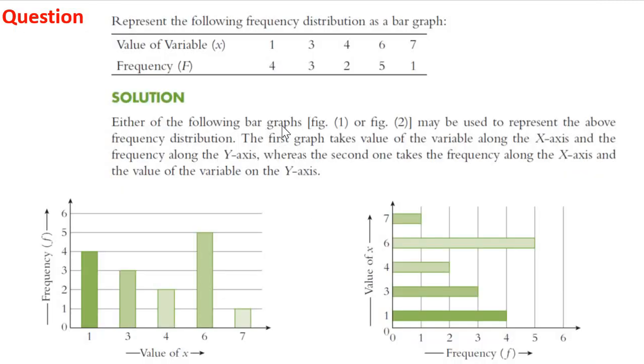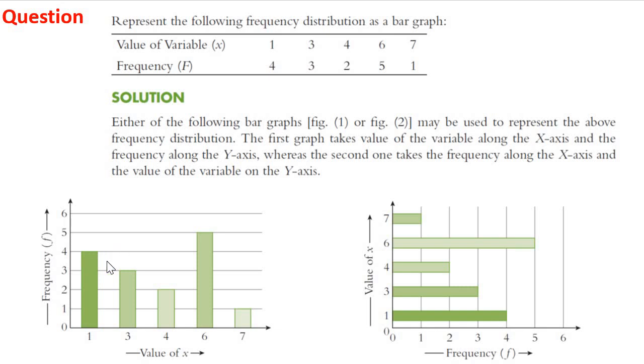Next is basically showing bar and column together. So we have to represent the following frequency distribution as a bar graph. Here you see the data is the value of variable x and y is the frequency. Okay, so if you draw like this, this is the x and this is the frequency.